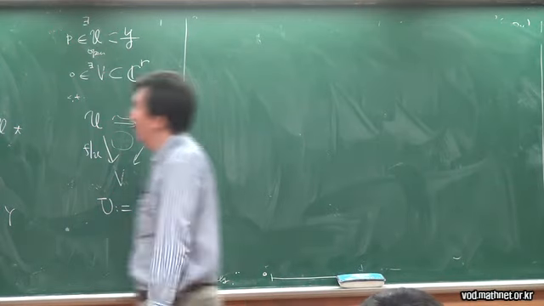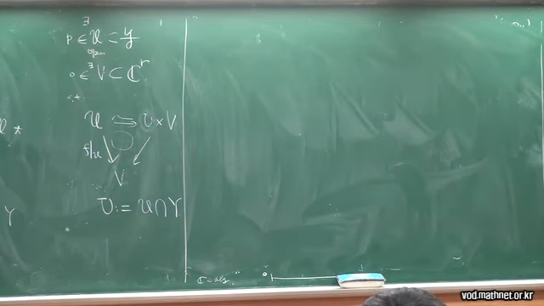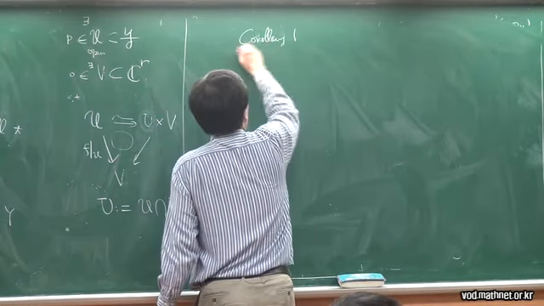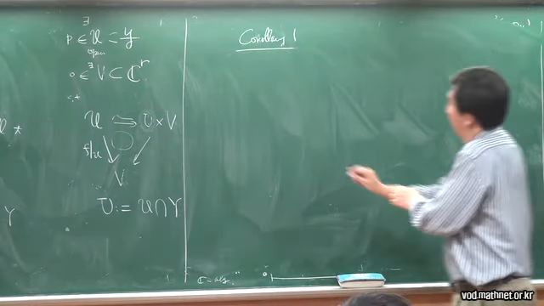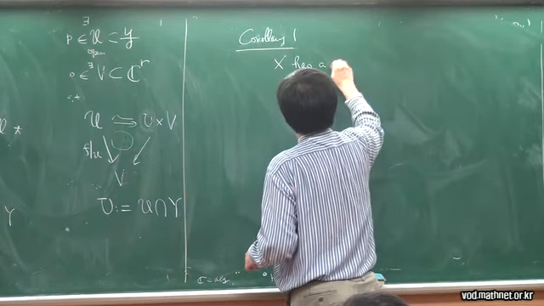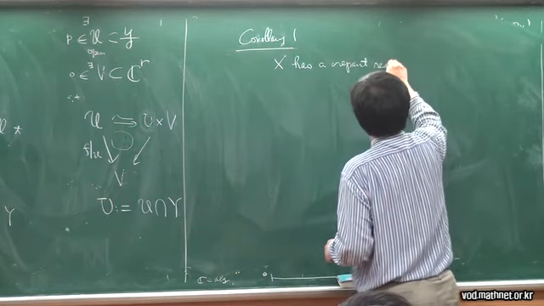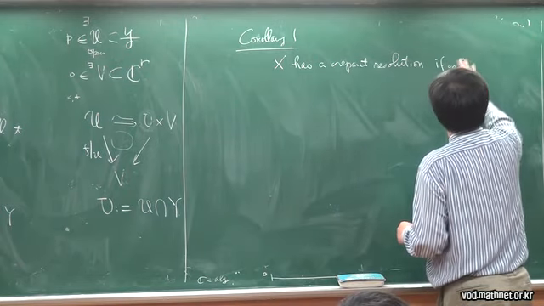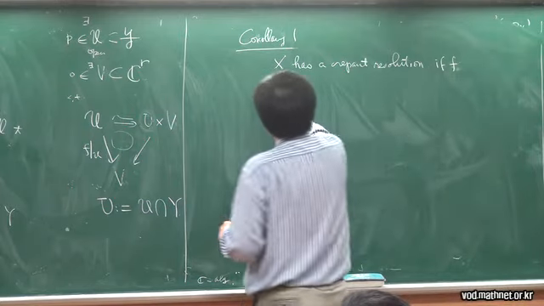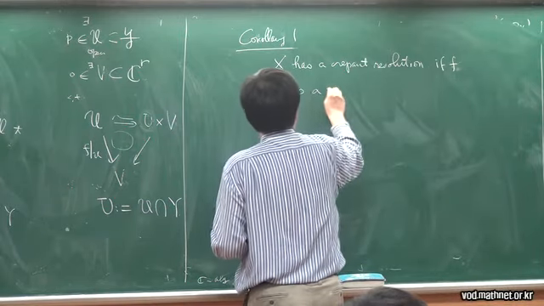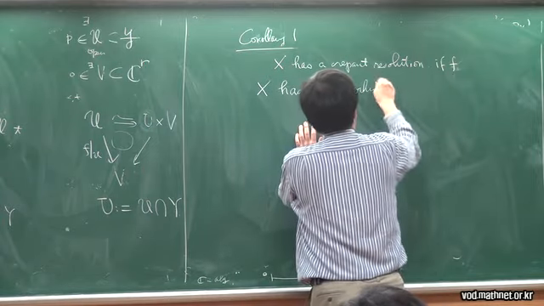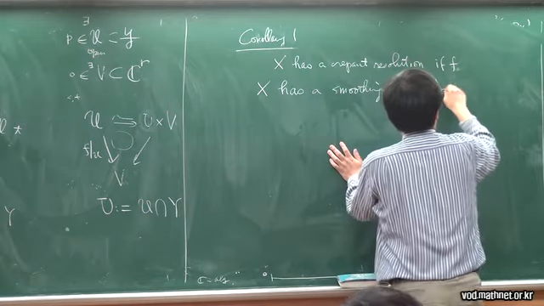Then, if this theorem holds, we have the following corollary. The first corollary is the following: X has a Crepant resolution if and only if X has a smoothing by a Poisson deformation.